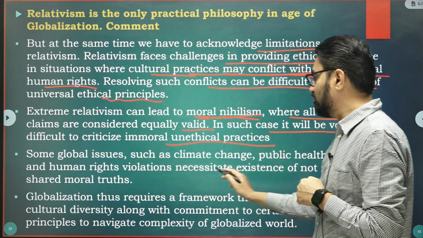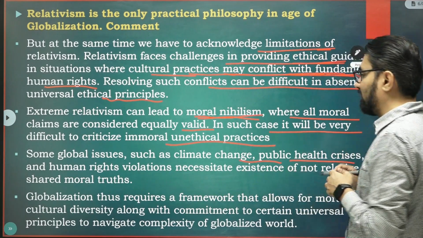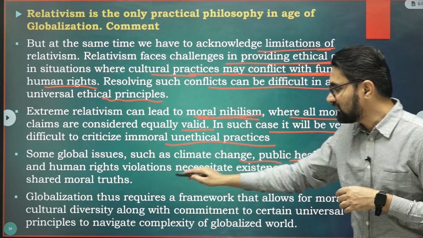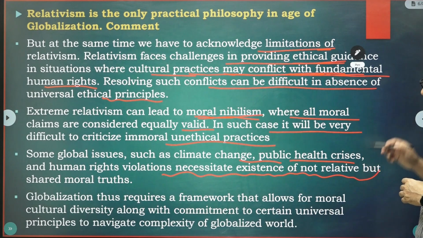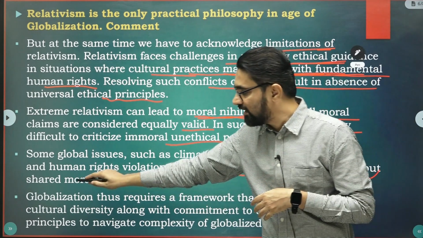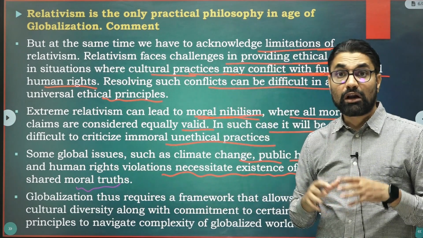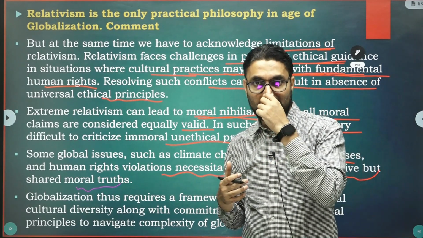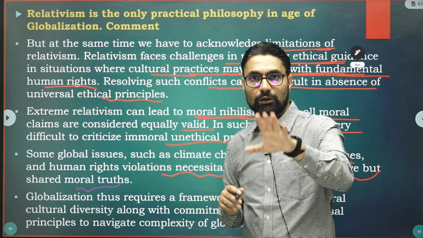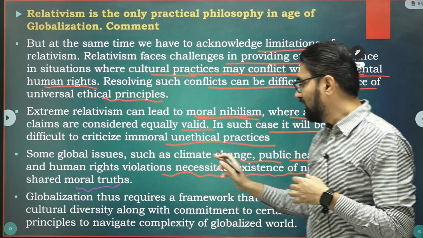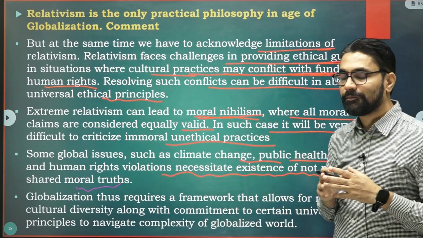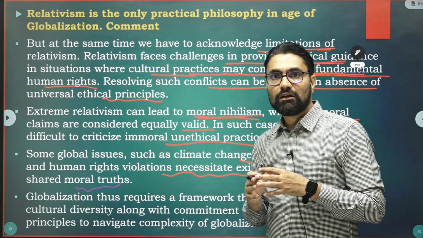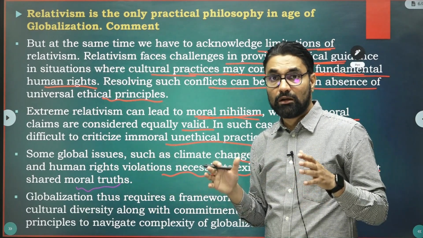And some global issues such as climate change, public health crises, and human rights violations necessitate the existence of not relative but shared moral truths. And the problems the world is facing today, like global warming, for which I told you we need nature worship as a universal value, and problems like public health crises and human rights violations, can't be dealt with via moral relativism.